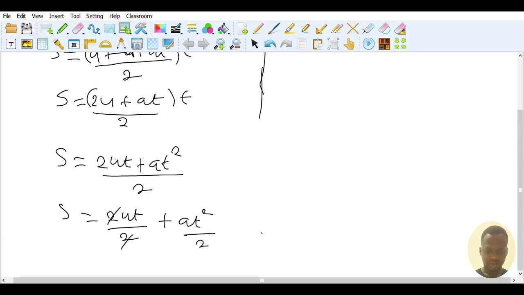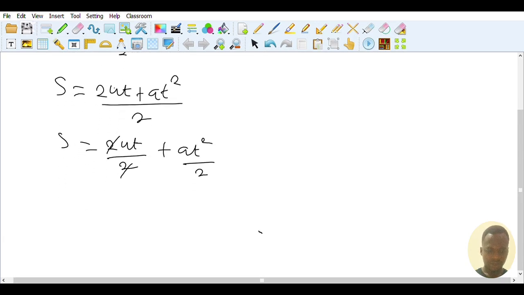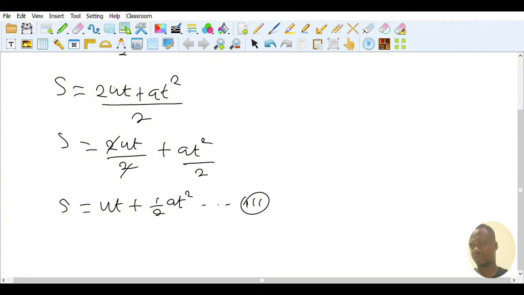The 2s cancel out, giving us 1. So S is equal to UT plus 1 over 2 AT squared. So this is our third equation of motion. S is equal to UT plus half AT squared.